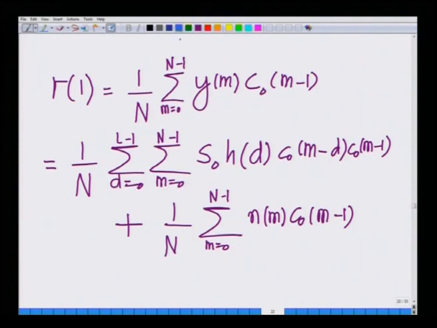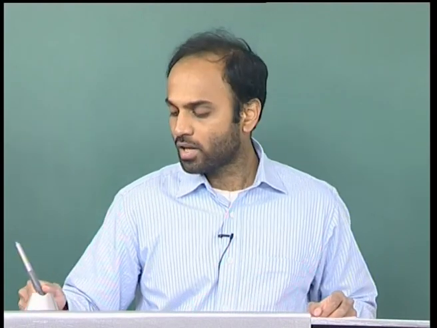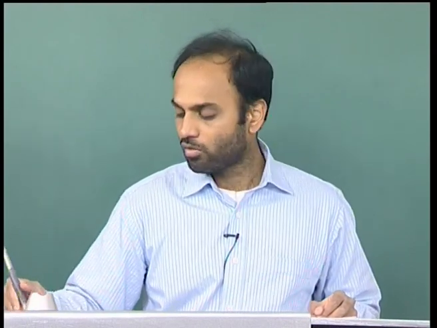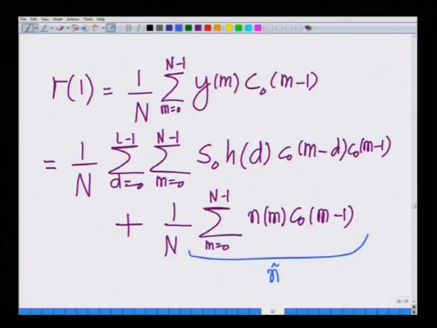Now, look at this, this is again taking some noise and correlating with a shifted code. If C0 m is a random code, C0 of m minus 1 is also a random code, hence this is again noise. Let me call this n tilde 1, noise of variance sigma n tilde square equals sigma n square over n.